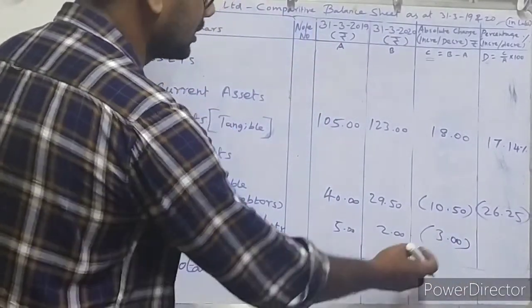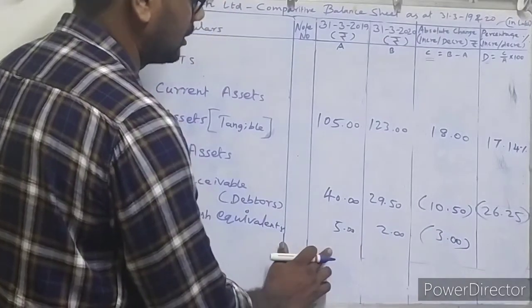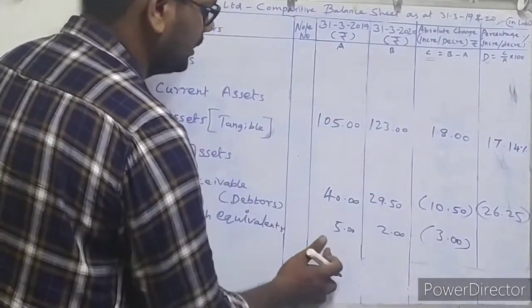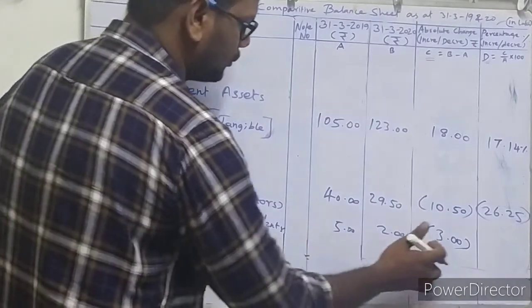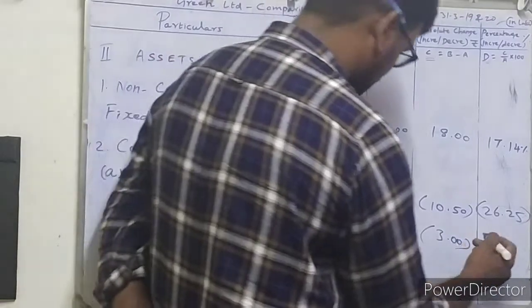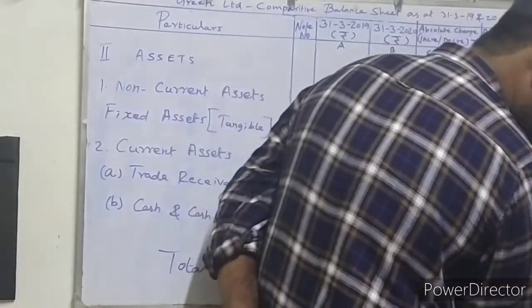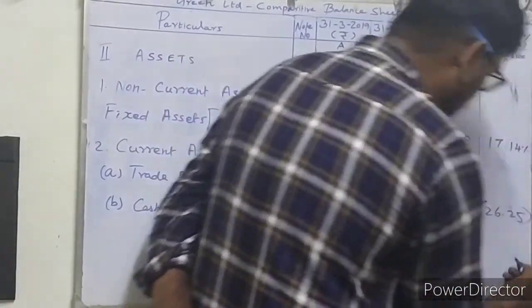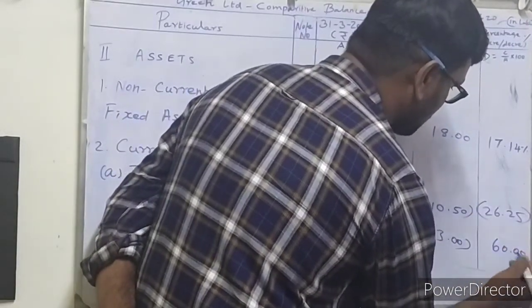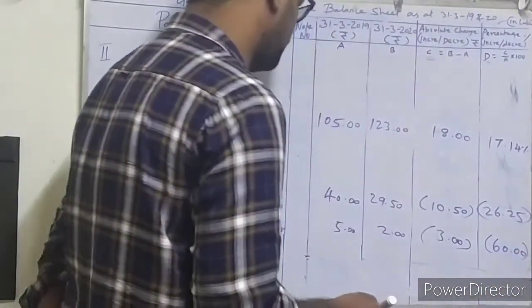How many percentage is it? 3 divided by 5 into 100. We are substituting this formula, C by A into 100. C is 3, A is base year 5 lakh. So 3 by 5 into 100 is equal to how many percentage? Nearly 60 percentage. 60 percentage is decreased compared with previous year.